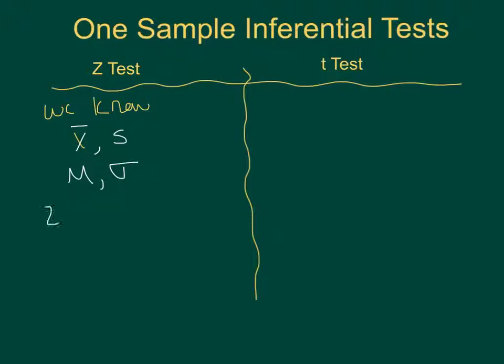So our z-obtained statistic, or our test statistic, is going to be our sample mean minus the population mean all over sigma sub X bar.